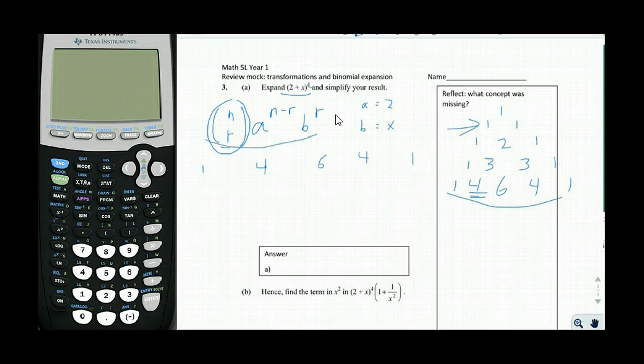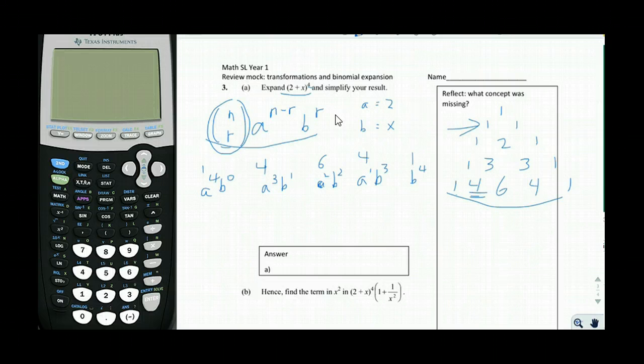And so now we can write each one of these terms using this notation. The first term is going to be 1 times A to the, in this case, we're at the r equals 0 term, so we're at A to the fourth, B to the 0, and then here we're at A to the third, B to the first, and here we're A squared, and B squared, and then here we're A to the first, and B to the third, and here we're B to the fourth.